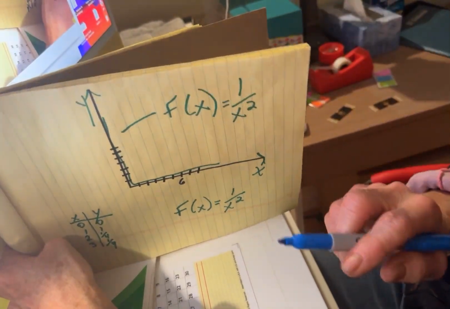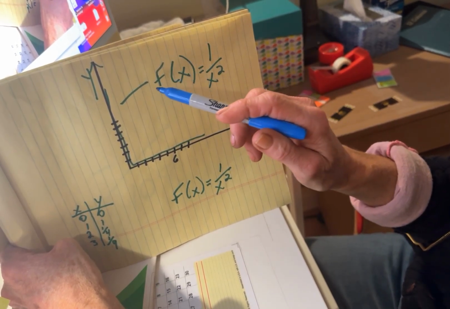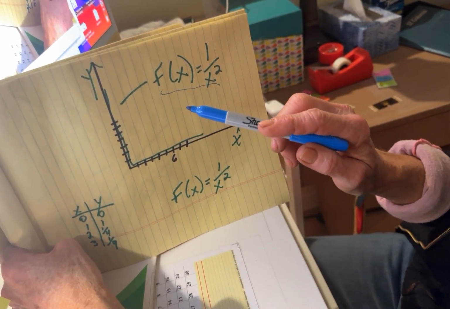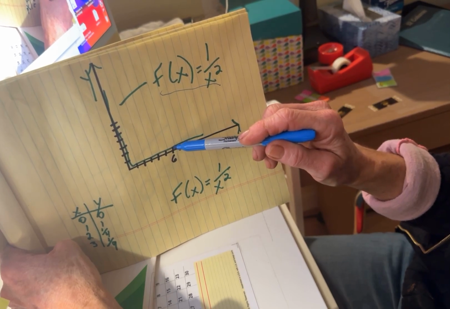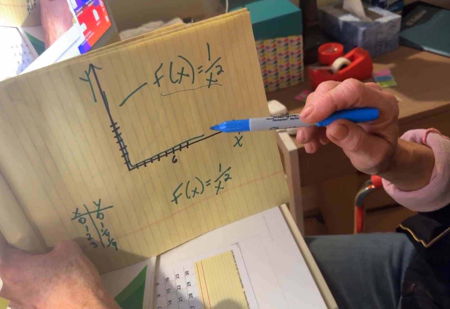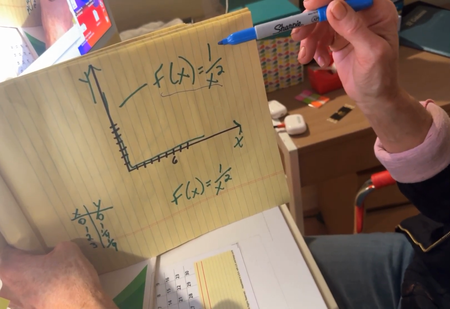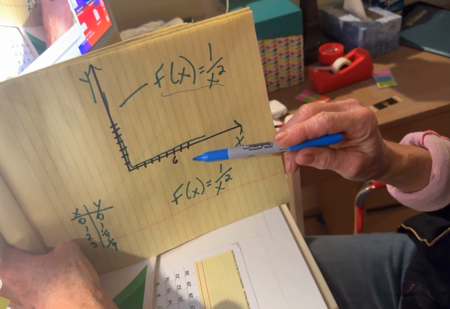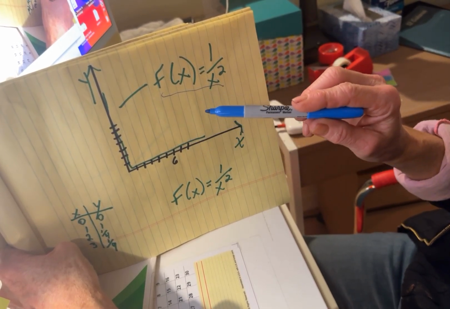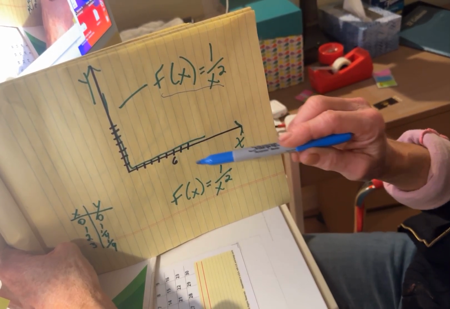Okay, so this graph shows the function at the point x equals 6, right there. So this is the function f of x equals 1 over x squared. We're here to evaluate this at x equals 6.